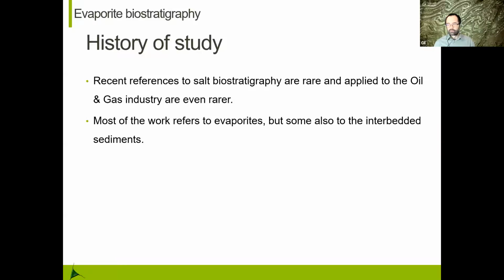When you look for references in the academic domain, there are not a lot. When you narrow down to the oil industry, they're even scarcer. So there's really not a lot published on salt biostratigraphy.